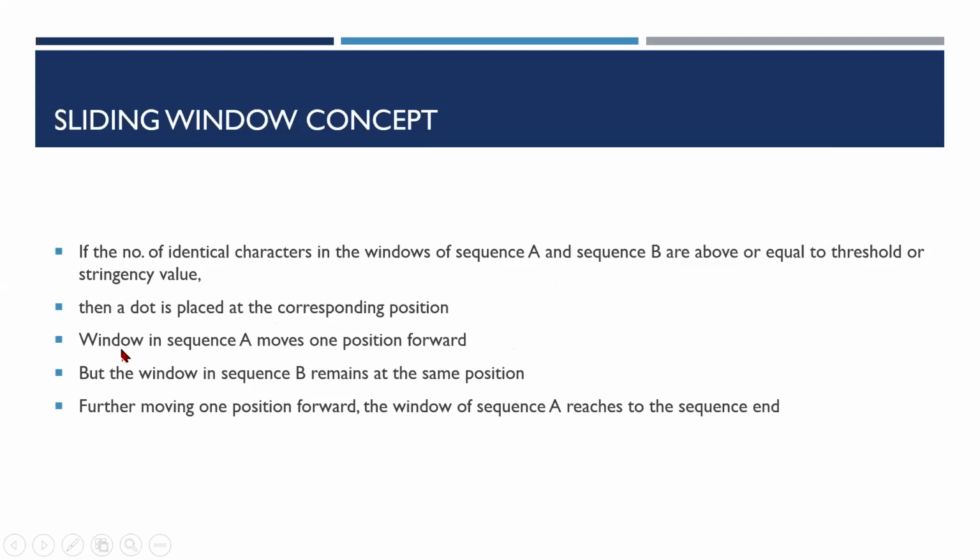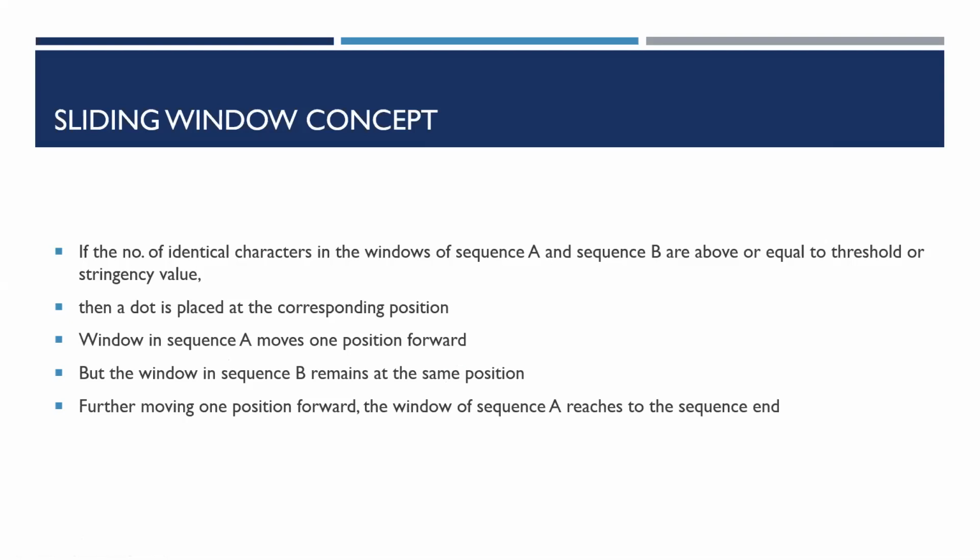After this is done, the window in sequence A moves one position forward. After these two windows from sequence A and sequence B are compared, if the number of identical characters is above or equal to the threshold, place a dot. If not, don't place a dot. Then the window in sequence A moves one position forward.